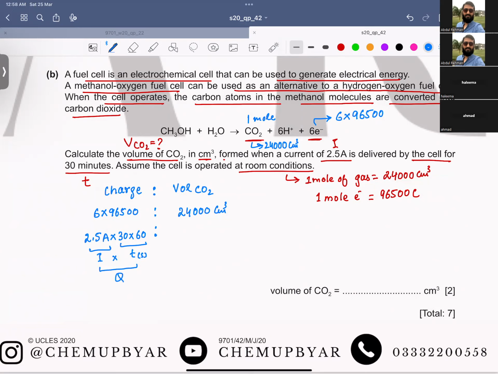So 2.5 ampere current was used for this much time. How much volume of carbon dioxide would be formed? That must be x. Now you just need to find x. So x would be equal to 2.5 times 30 times 60 times 24,000 divided by 6 times 96500.